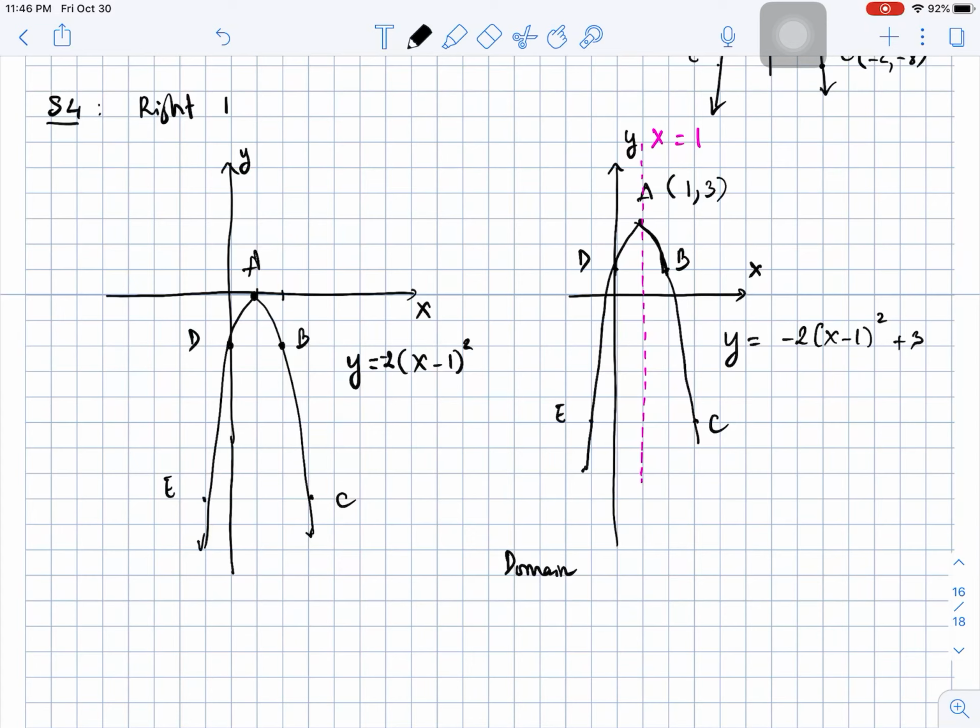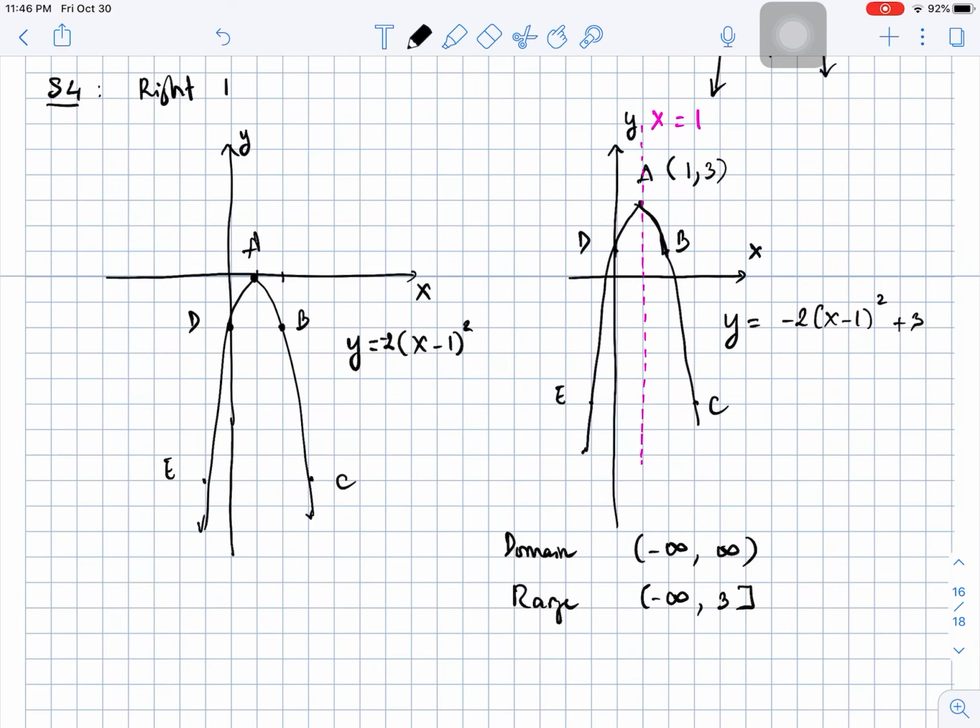Let's label, this is y equal negative 2 times x minus 1 squared plus 3. The vertex is 1, 3, and the axis of symmetry is the vertical line, equal to x equal to 1, because it passes through 1 on the x.